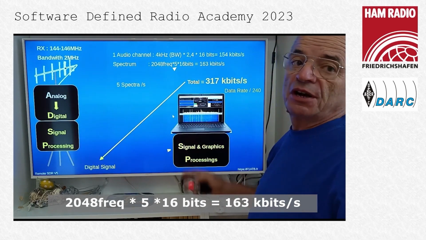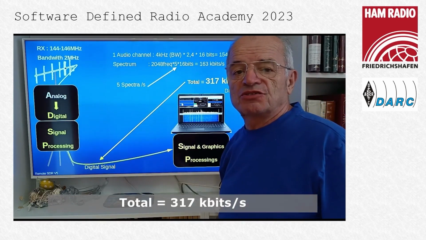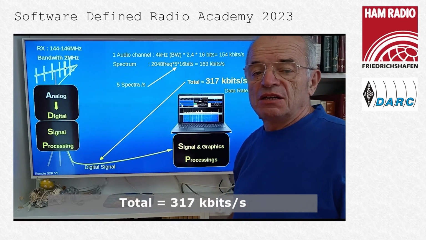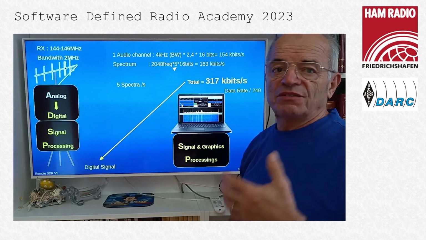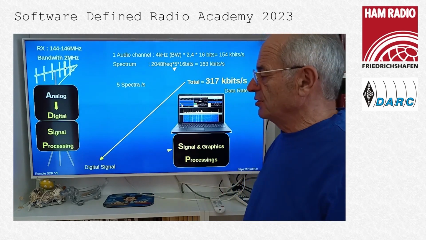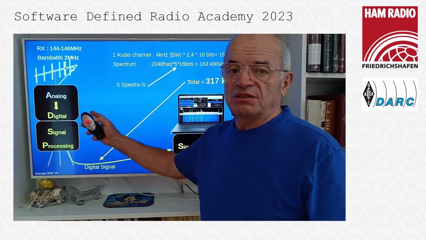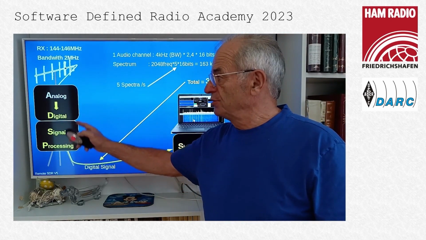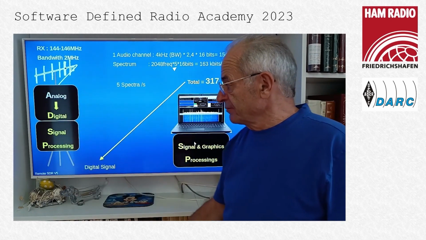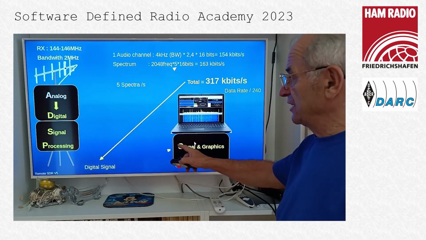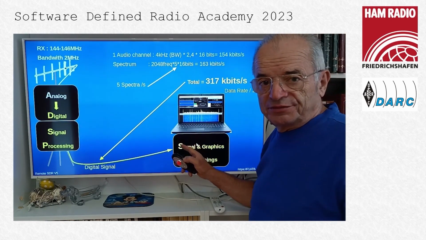So in total, we have a little bit more than 300 kilobits per second. That's our need, and not 76 megabits. So it's interesting to implement signal processing close to the analog to digital conversion, close to the antenna, in order to reduce the data flow to your office or to your shop.